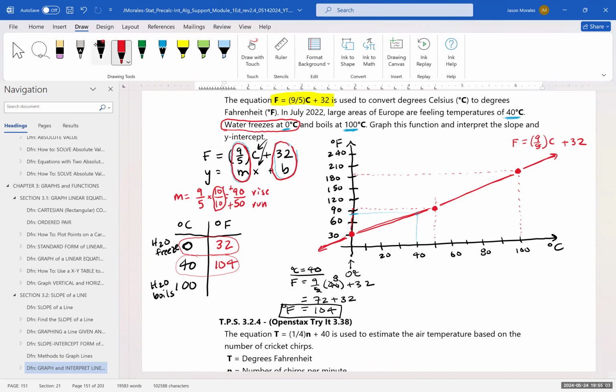I did some math in my head. That's the problem, because 30 plus 90 is about 120, and I put it at about 90. So this point is wrong, and that means this point is wrong. This happens, so we'll fix it.